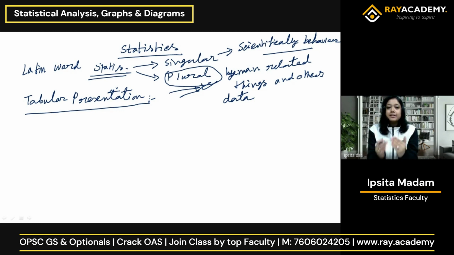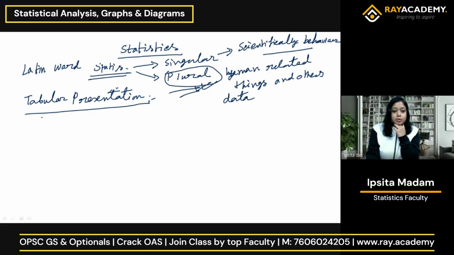Tabular presentation means there exists a range. Suppose in your locality, after the COVID situation, all of us take the vaccination. Suppose the vaccination program was started at the very beginning, and some ages are considered here.